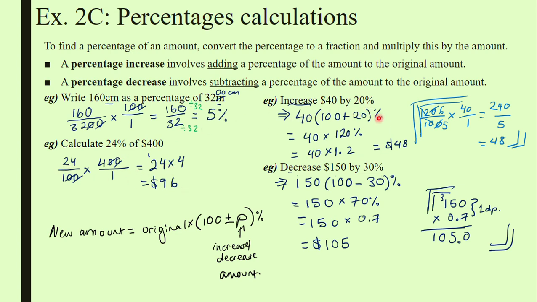You can use this formula, or you can add 20% to 100% and then multiply using this method. You could multiply using decimals, okay? Multiplying whole numbers by decimals, that also works just fine. Pick a method that you like and stick to it. I don't mind which you choose because they are all, of course, the same.